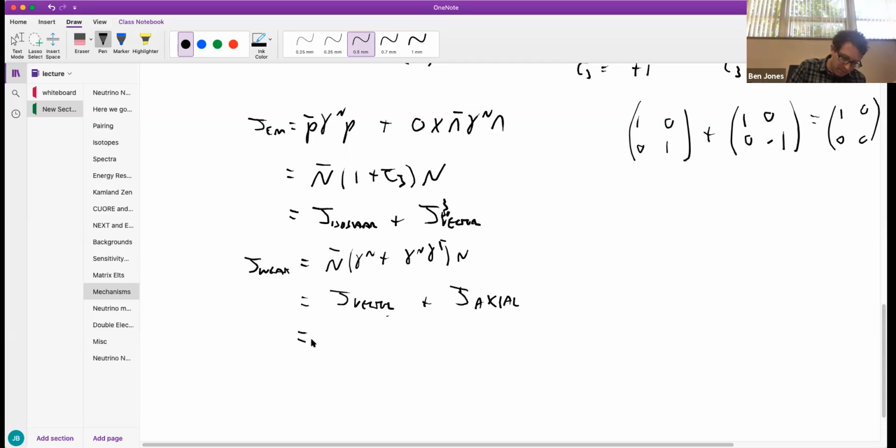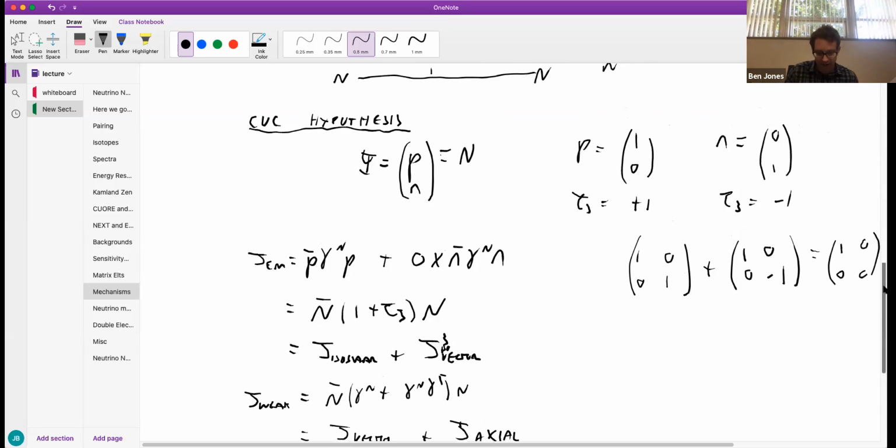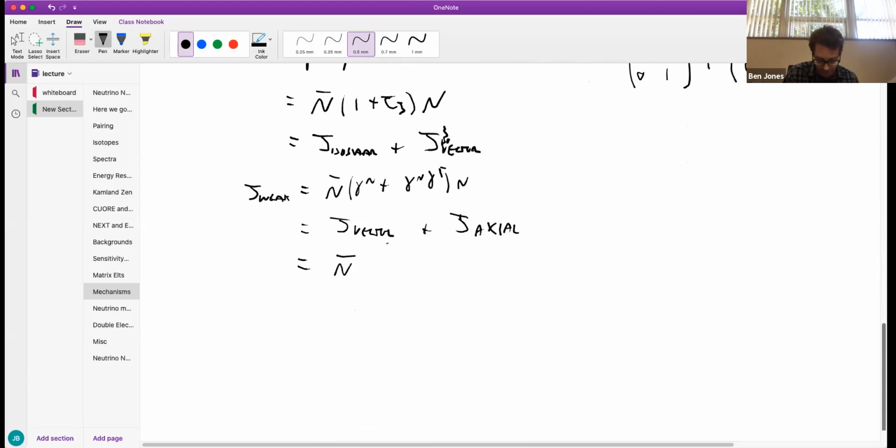Now the vector part of the weak current has the form, from W boson interactions, we're generally going to be converting protons into neutrons or vice versa. So we have to be applying isospin raising or lowering operators in these currents.